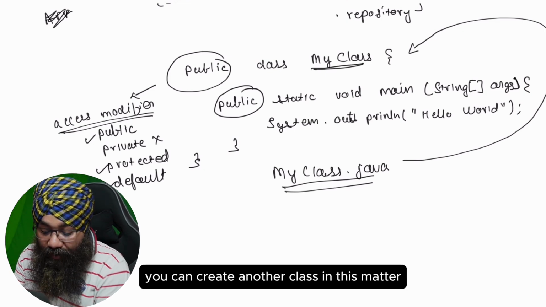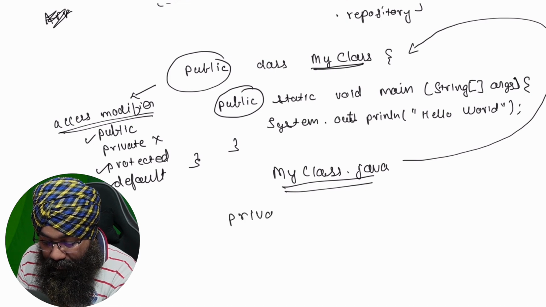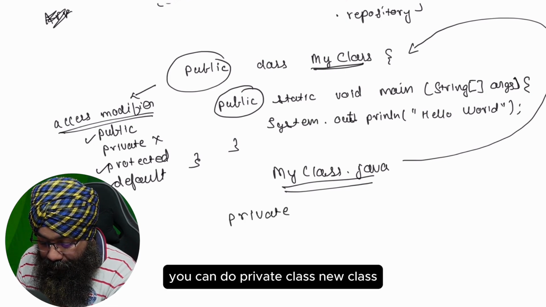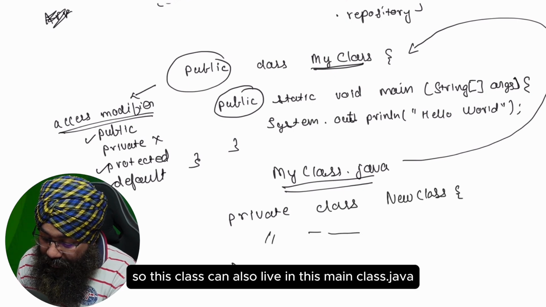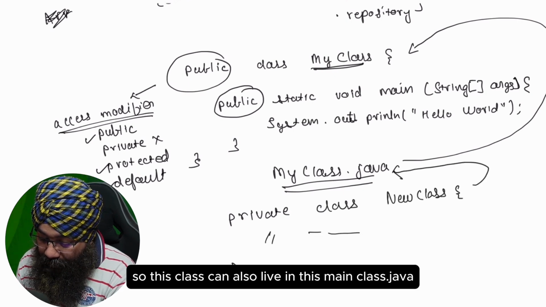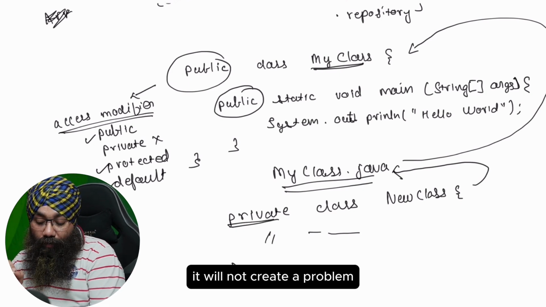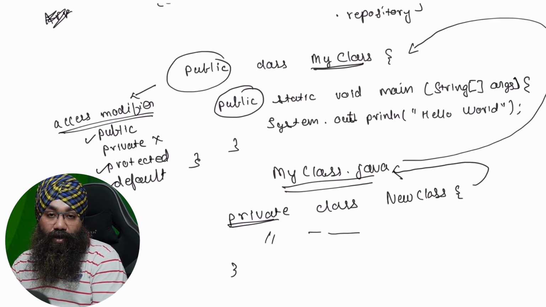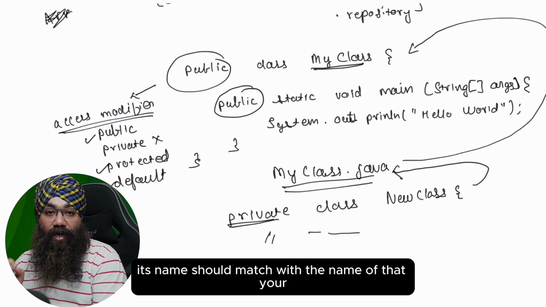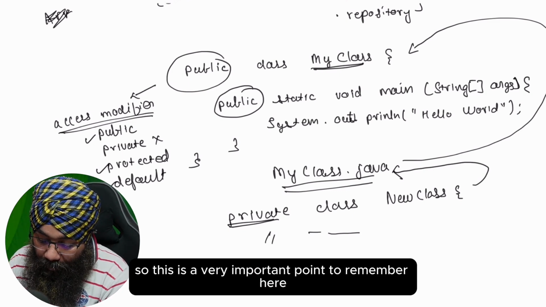You can create another class in this file as private, so private class NewClass. This class can also live in MyClass.java, but because it is private, it will not create a problem. Only the public class in that Java file should have its name match the name of the .java file. This is a very important point to remember.